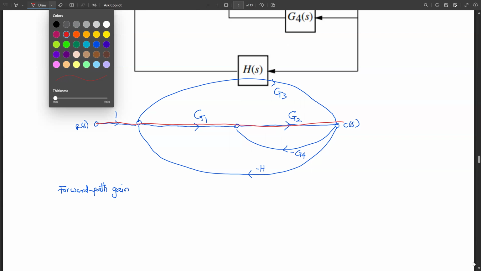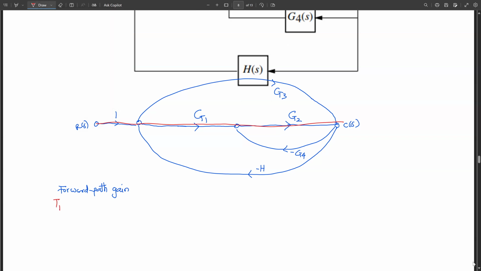So for the first forward path, T sub 1, the gain of that path is just G1 and G2.